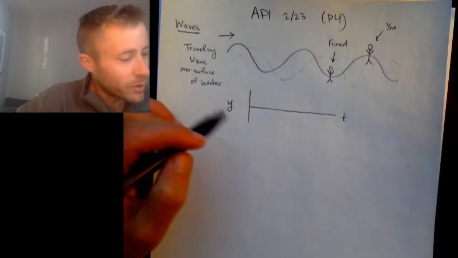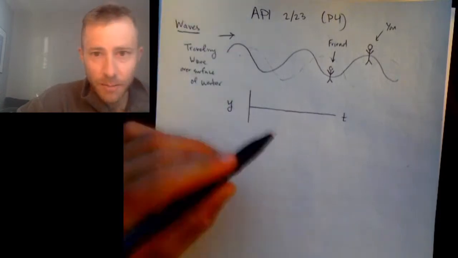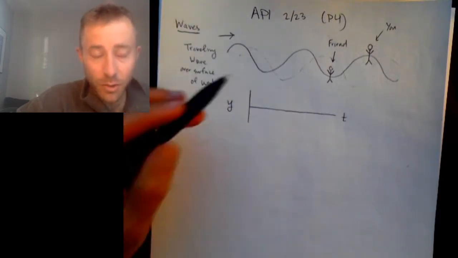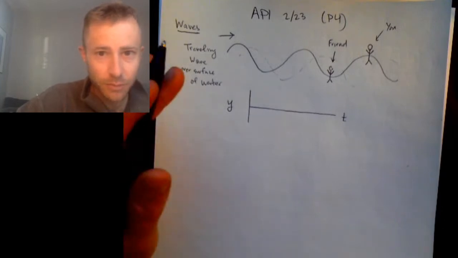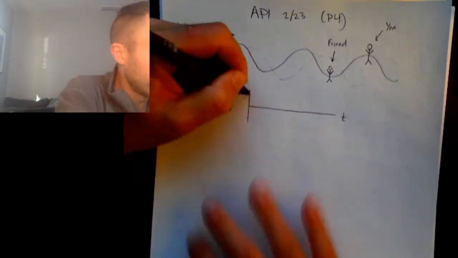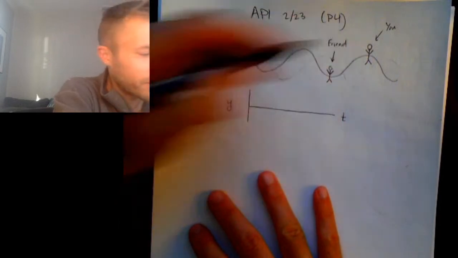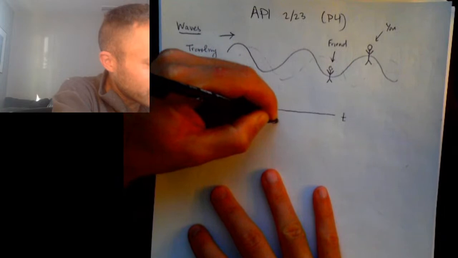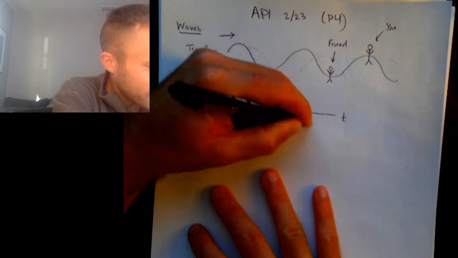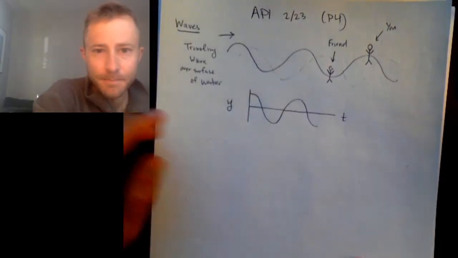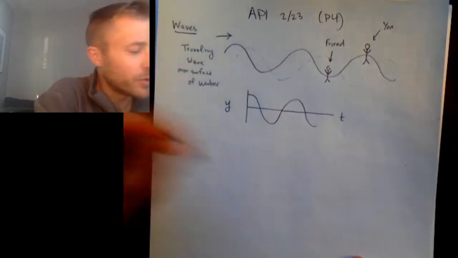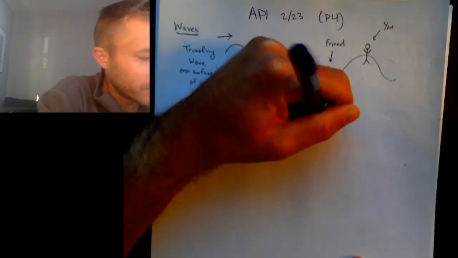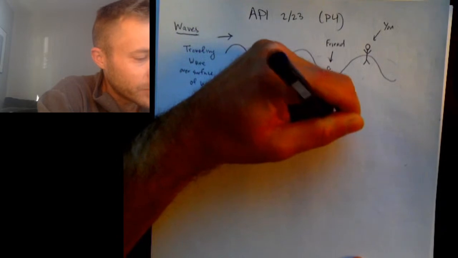So if we were to look at the y versus time for you, it's going to look like simple harmonic motion, okay? And you can see that you start off high, so it's going to look like this, something like that. So this is your position time graph.